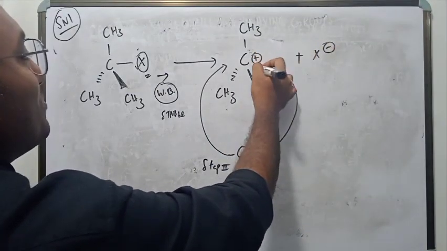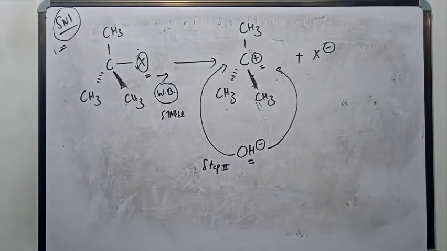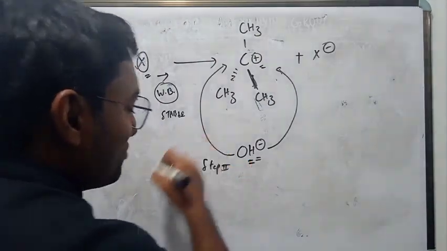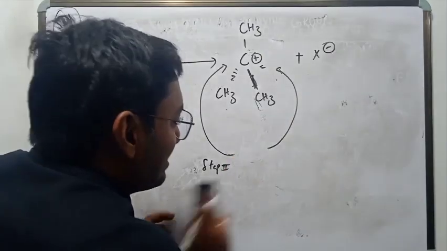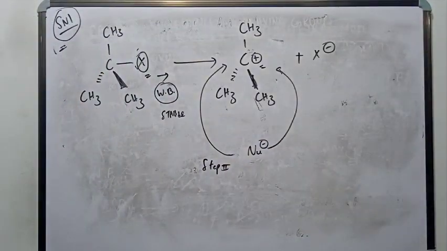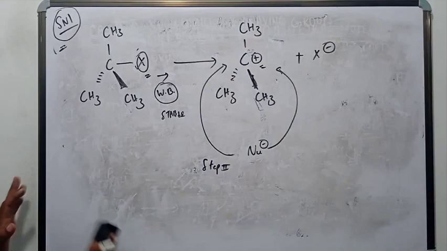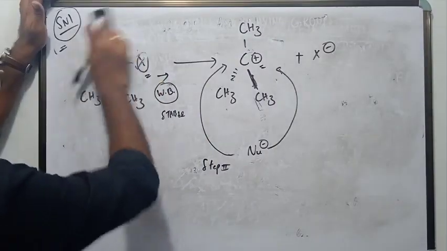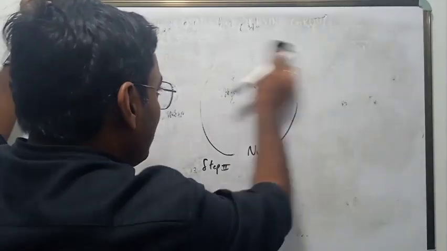Only then will the SN1 reaction pathway be followed. And also the OH minus, the nucleophile, should be not so strong. It should wait for the leaving group to go. So that is how it impacts SN1 reaction.